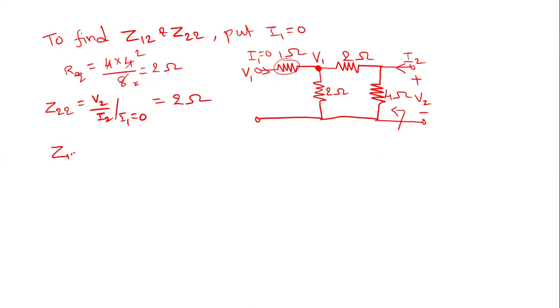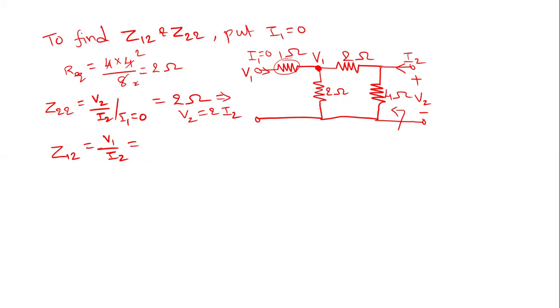Similarly, Z12 is V1 by I2. We already have the relation V2 by I2 is 2 ohms. That implies V2 is 2I2. So if we express V1 in terms of I2, we can find the ratio V1 by I2.